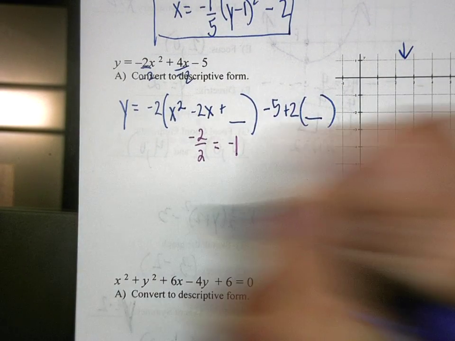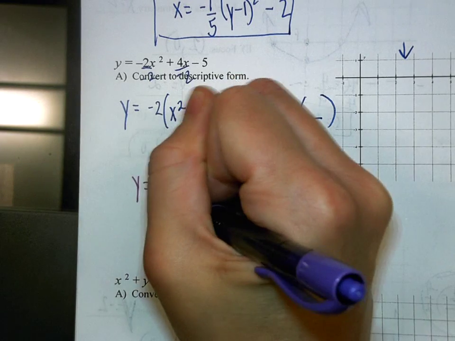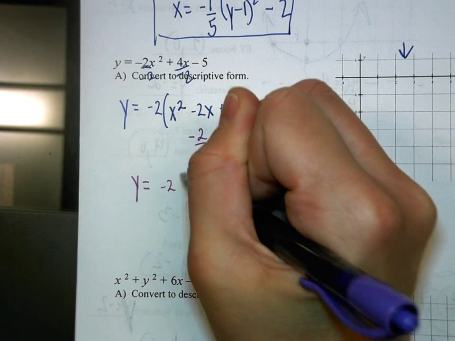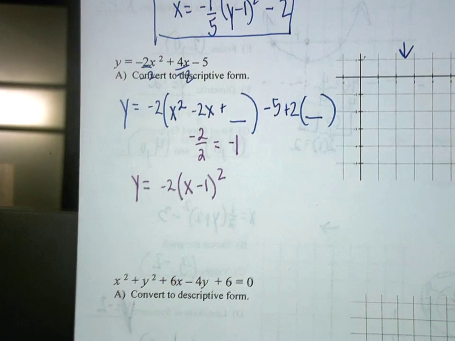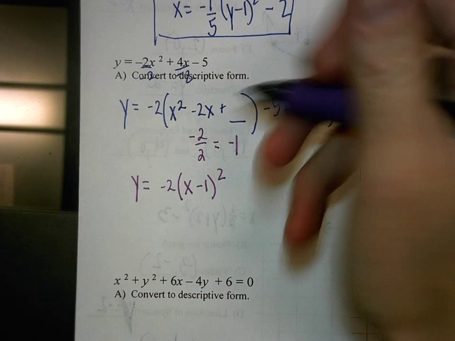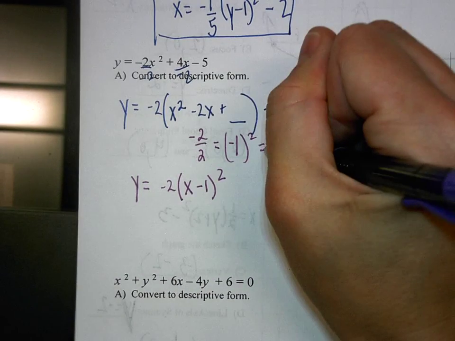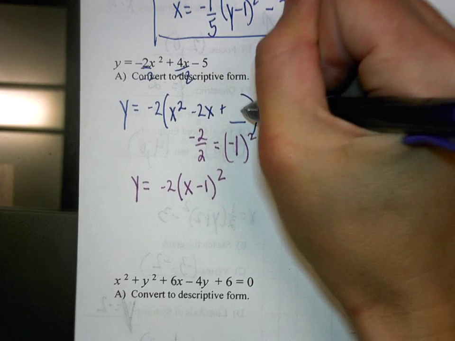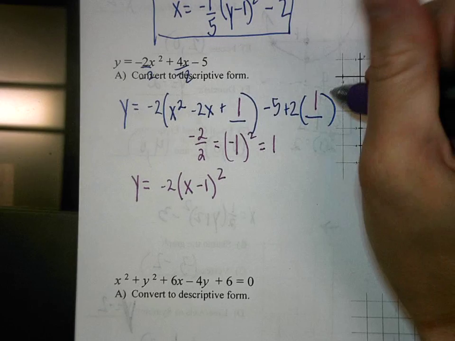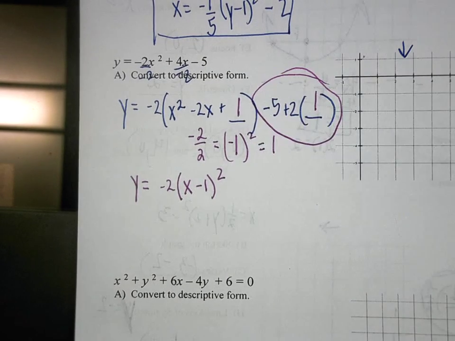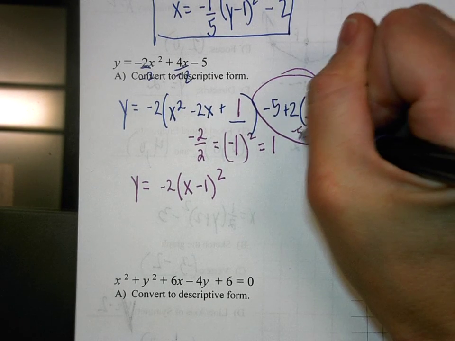We write our equation, or at least start to, y equals -2 parenthesis x minus 1 squared. Then we take -1 square it, which makes 1. 1 goes in our blanks. We simplify this, and we get -5 plus 2 times 1, which is 2.